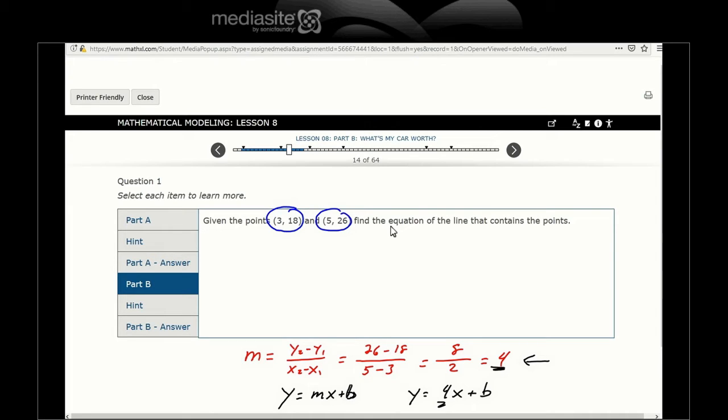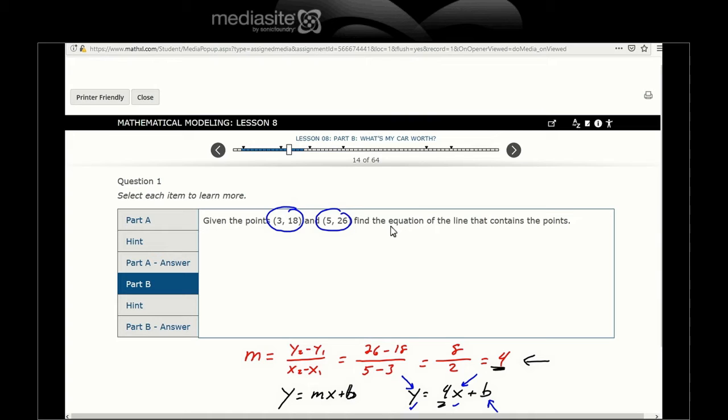Now what we can do is use one of these points as a source for a value for x and a value for y in the equation, which then gives us a known and an unknown, and we can solve for b. Doesn't matter which one you choose.